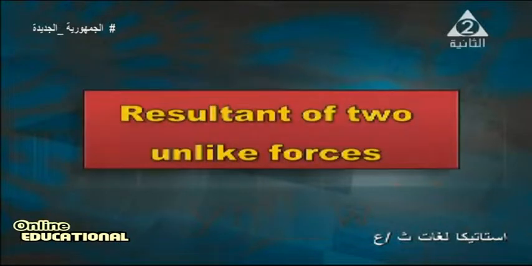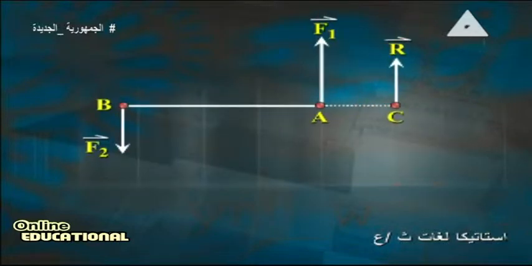Now we move to another title, resultant of two unlike forces. My dear student, look at the opposite figure. F1 acts at A, F2 acts at B in the opposite direction, and the resultant of the two forces has its direction with the bigger force.